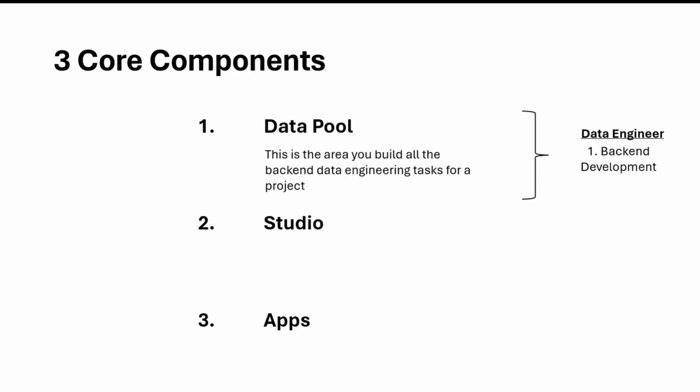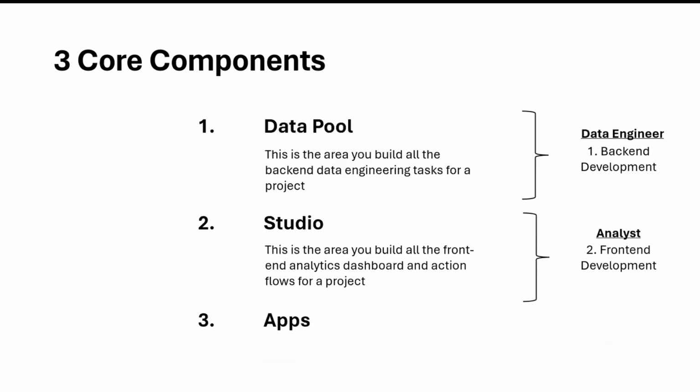This is mostly done by the data engineer. We call this backend development. You should be good with SQL here, particularly Vertica SQL. It is similar to SQL Server or MySQL. If you know how to write SQL queries, you would be good enough for that.